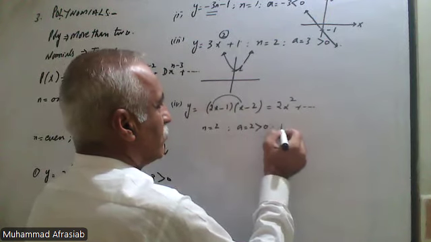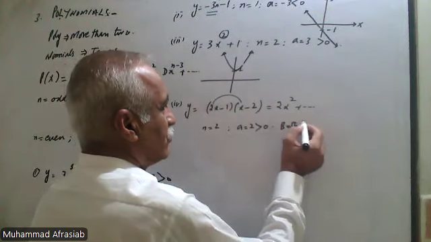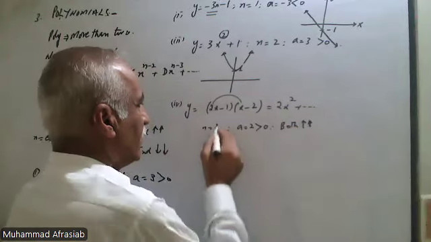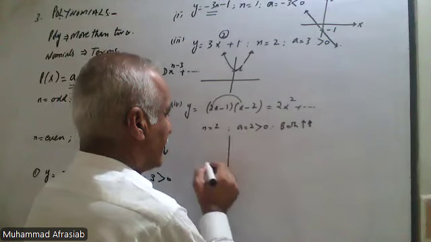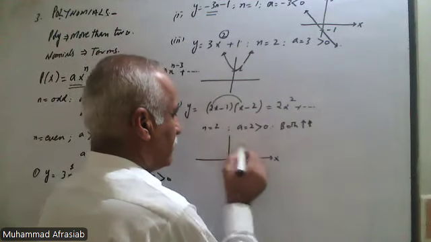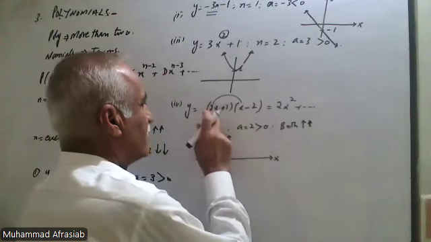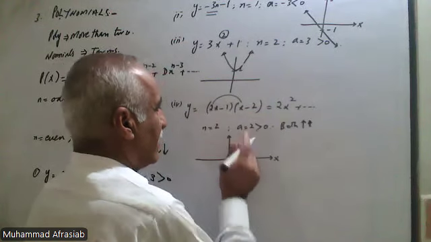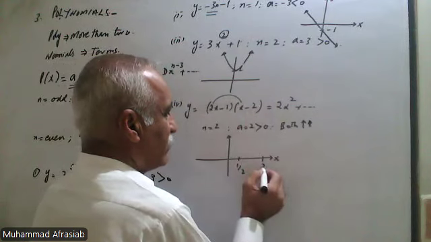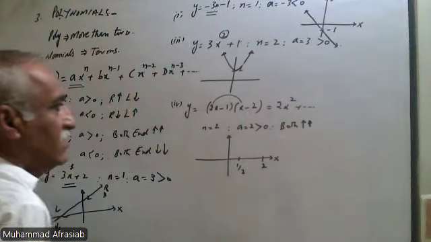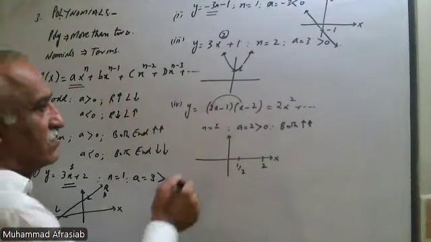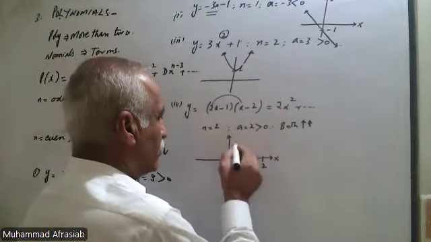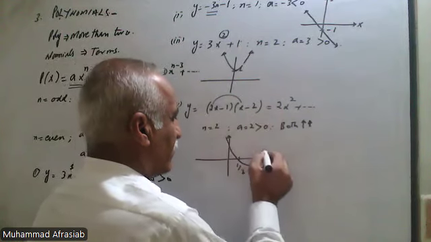So both ends should be moving upward. Now, if the first factor is equal to 0, it gives the value of half, and if the second factor is equal to 0, it gives the value of 2. Since the power is even and a is greater than 0, both ends will be moving upward.